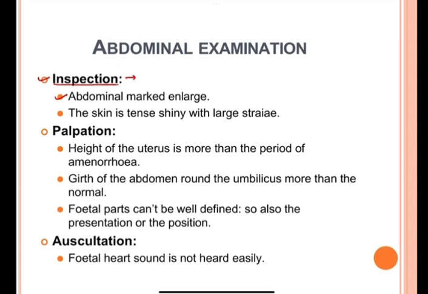The skin of the abdomen will be tense, and there will be large stria. On palpation, the height of the uterus will be more than the period of gestation. Girth of the abdomen at the level of umbilicus will be more than normal.